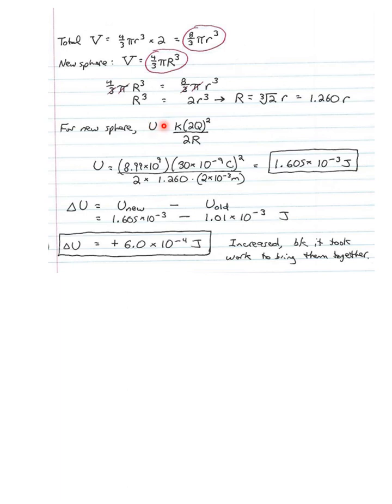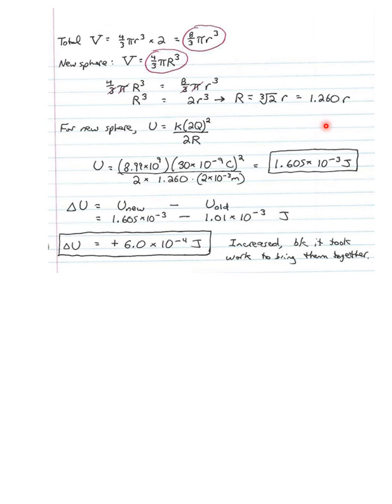Simplifying things, the pi's and the 1/3 go away, and we're left with big R cubed is 2 times little r cubed, which means that the radius of the bigger water droplet is the cube root of 2 times the smaller radius. So when these two equal spheres came together to make one big sphere, it's not a sphere that's twice as big. It's twice as big in volume, but in terms of diameter or radius, it's only 1.260 times the radius.